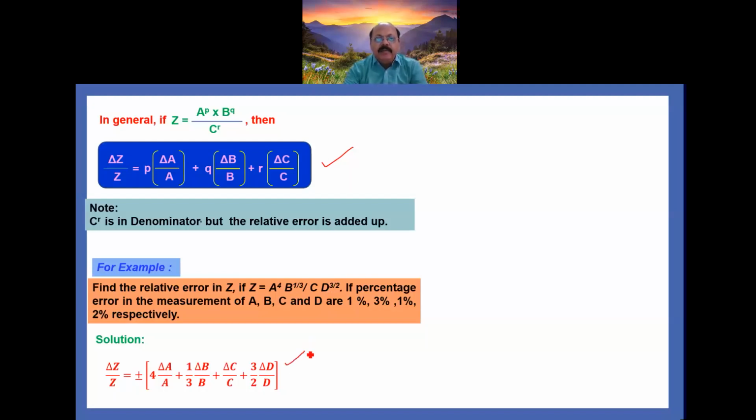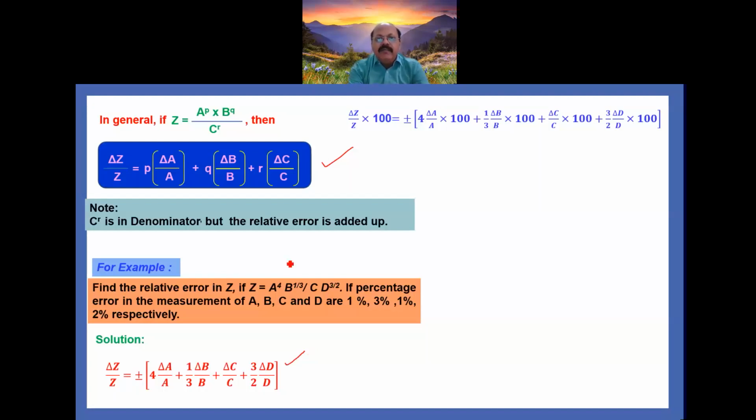You multiply it on both sides by 100 so that you get the percentage error. So delta Z upon Z into 100 equal to plus minus within bracket 4 delta A upon A into 100 plus 1 upon 3 delta B upon B into 100 plus delta C upon C into 100 plus 3 by 2 delta D upon D into 100.